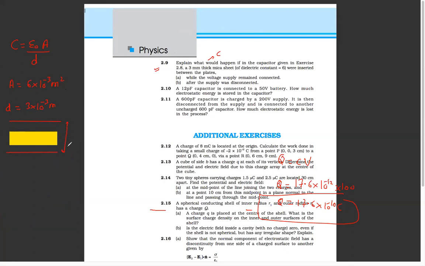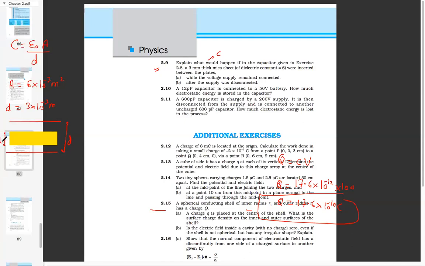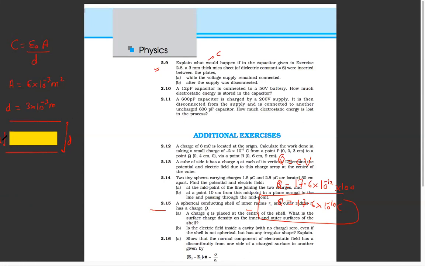The separation is D, this thickness is T, and the dielectric constant of the mica sheet is 6. So this is partially filled. So the expression will be epsilon naught A by D minus T plus T by K.